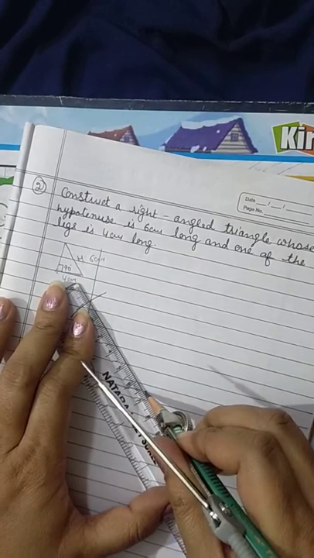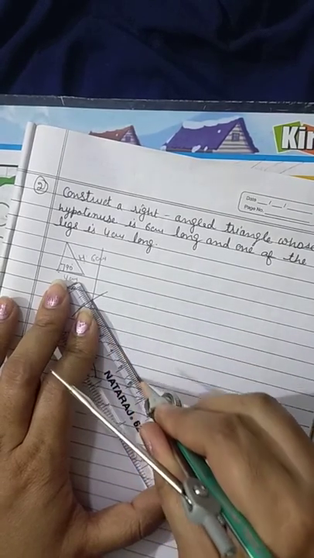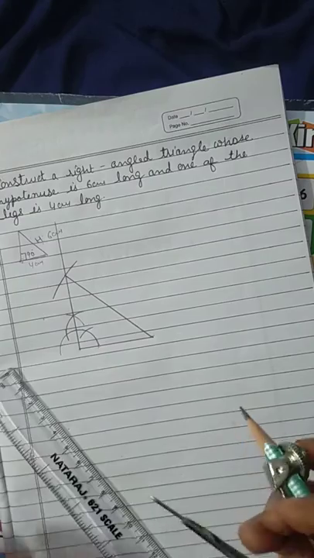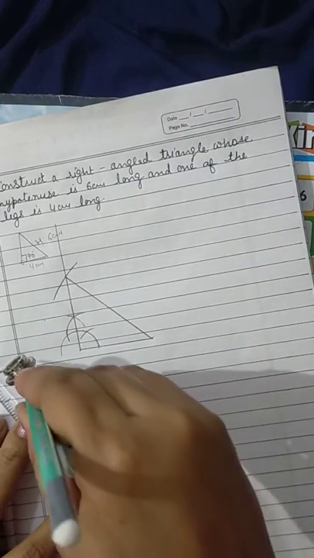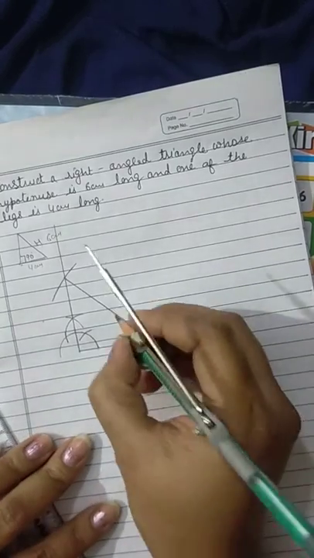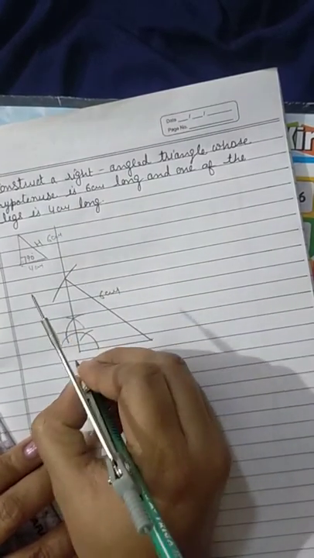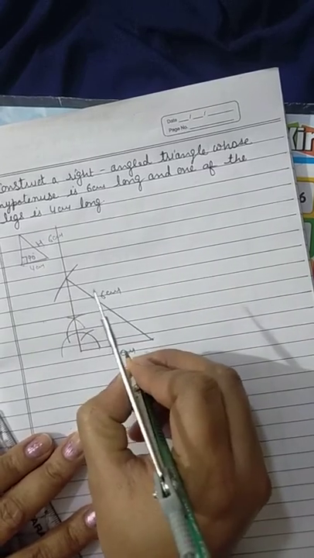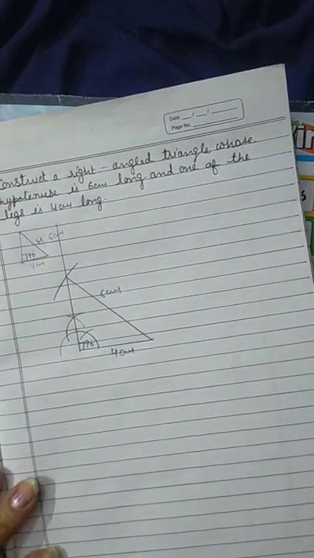You can see that this represents your right angle triangle whose hypotenuse is 6 centimeter. As you know that we have taken 6 centimeter here, it is complete. So this is your 6 centimeter and this is your length of 4 centimeter. So in this way you can construct this right angle triangle.